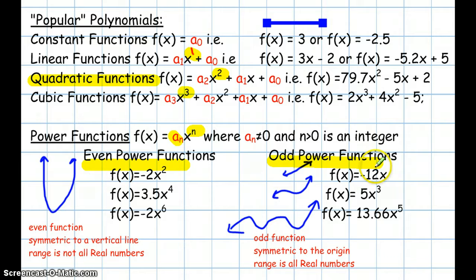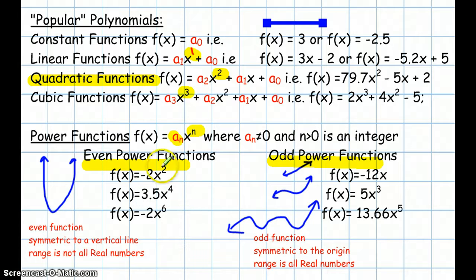Whereas over here in odd power functions, where the highest power, or the degree, is an odd number, like negative 12x, 5x to the third, 13.66x to the fifth, the range is every single number. The arrows indicate that it always goes up and it always goes down. Odd power functions are symmetric about the origin, and their range is every single real number.